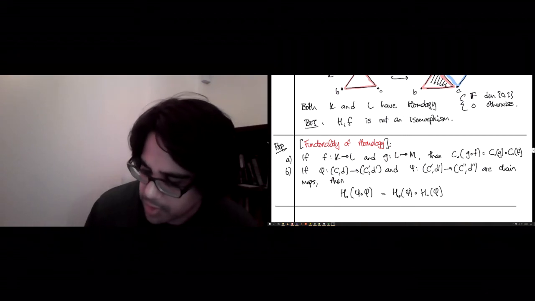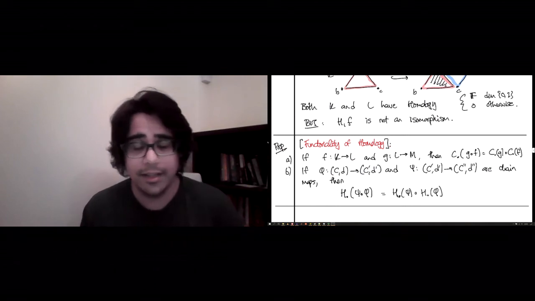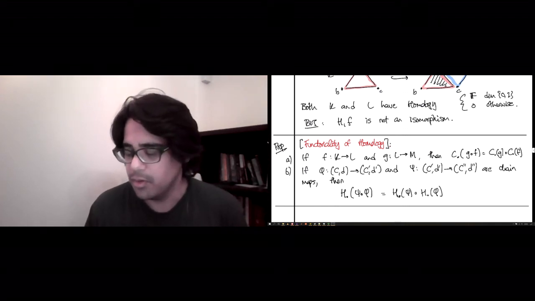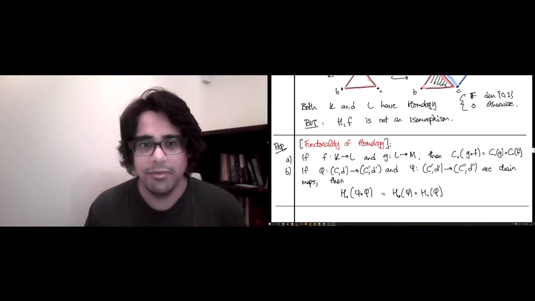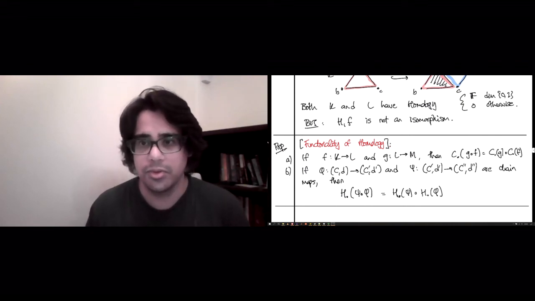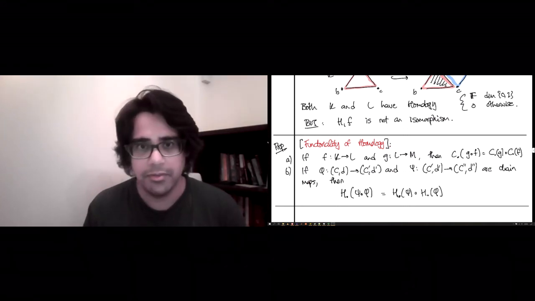And it doesn't matter which of those two things you do because it's going to end up giving you exactly the same answer. And this is an extremely important property of homology that allows us to use linear maps between homology groups to see what the action of any simplicial map is in terms of homology.